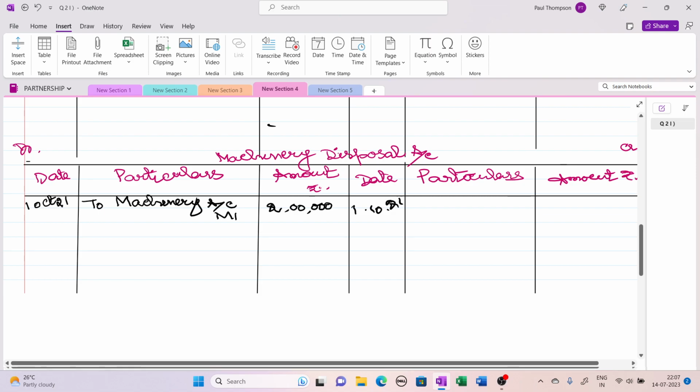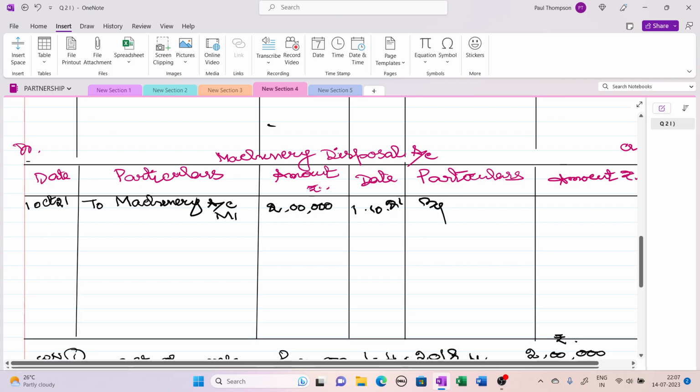1/10/21, by provision for depreciation, we have transferred 61,490.